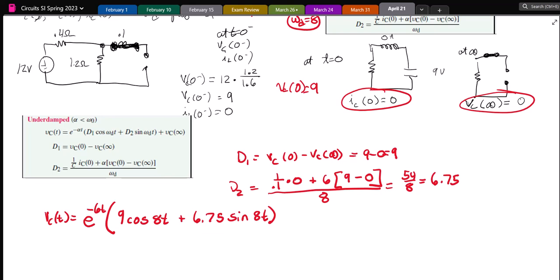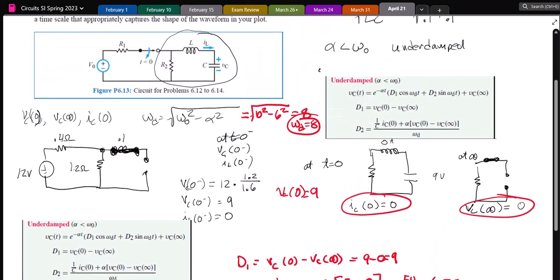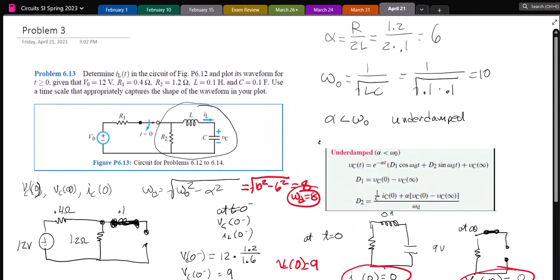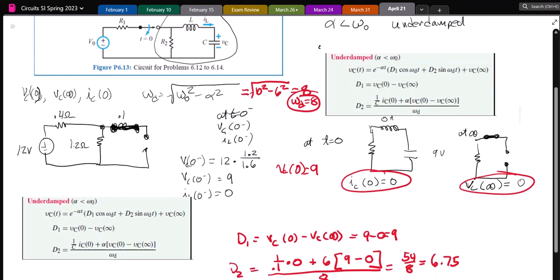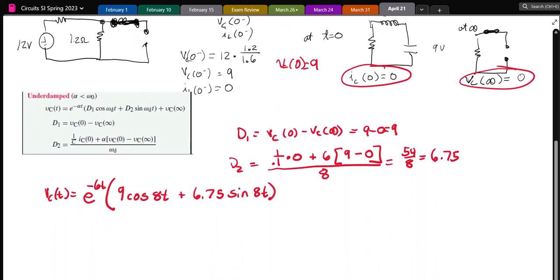But unfortunately, if we go back and look at the problem, it says determine IL of t, and we just found VC of t.